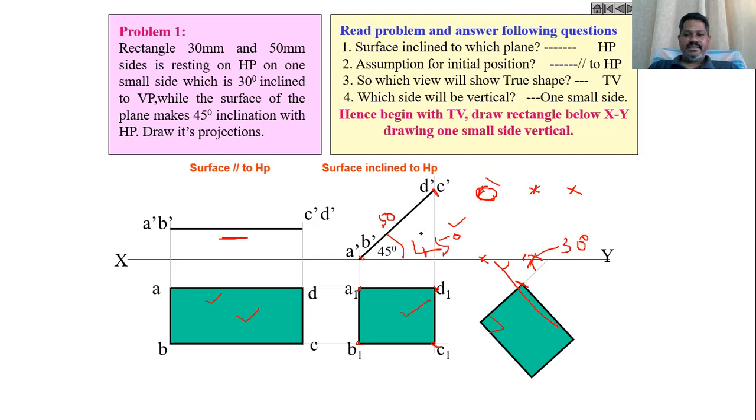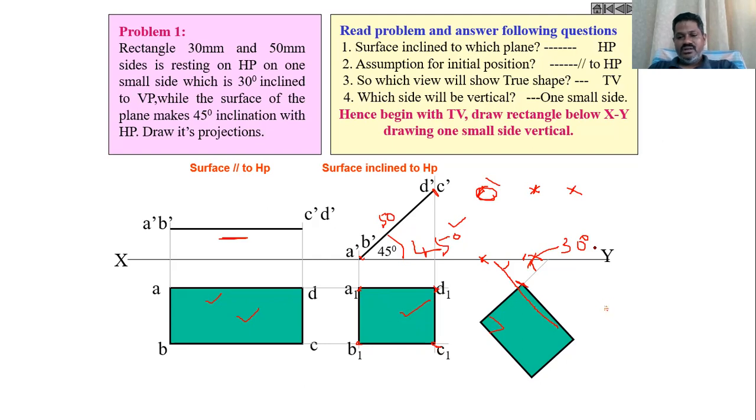When we twist the plane to a certain angle with HP, the top view will be the reduced shape that you can observe here. When you project all these points from the first and second steps, we will get A1, D1, B1 and C1. This will be the reduced shape.